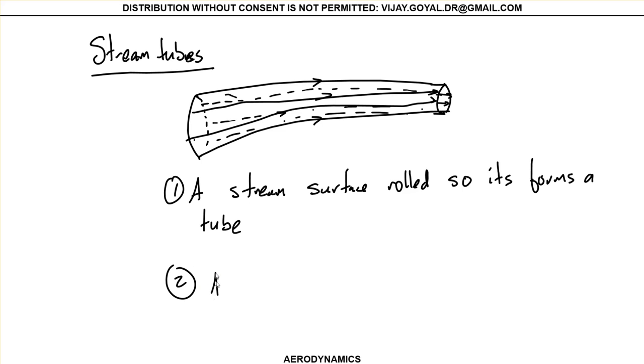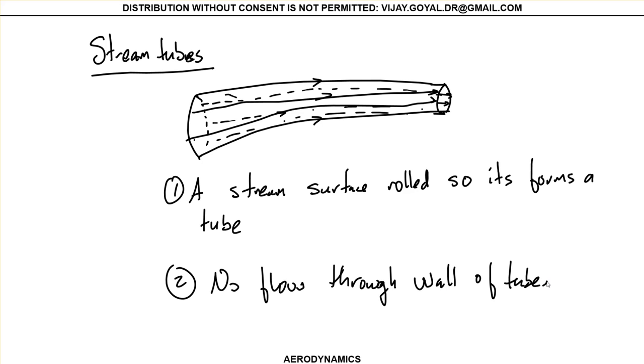And it's important to know there's no flow through the walls. Okay? Those are stream tubes.